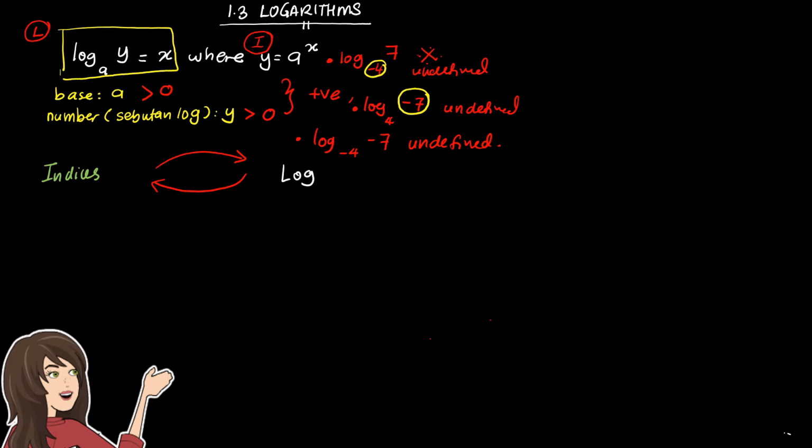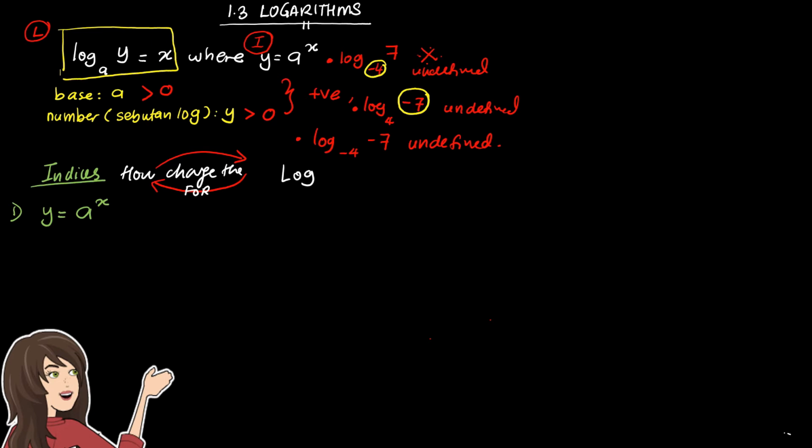Okay, let me write down our example here. y equal to a power of x. You want to change it into the form of log. How do we change the form?